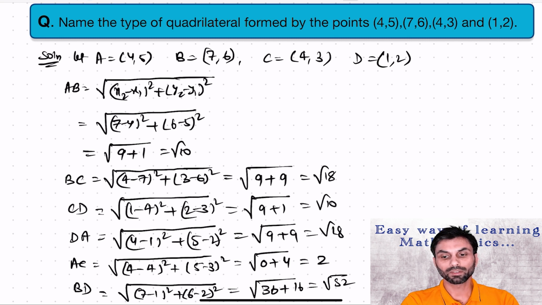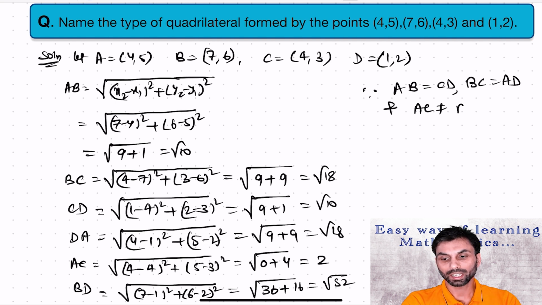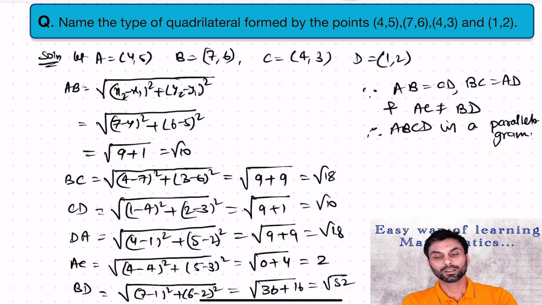So what we observe here is that since AB equals CD, BC equals AD, and AC is not equal to BD, therefore ABCD is a parallelogram. So this is how we can check what type of quadrilateral it is if the points are given.